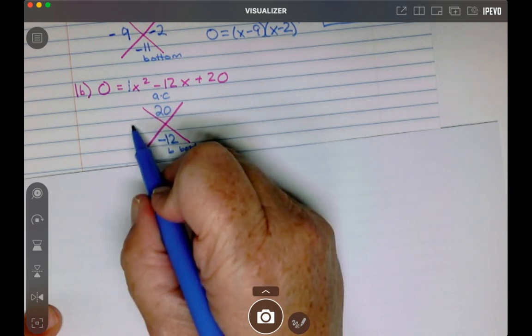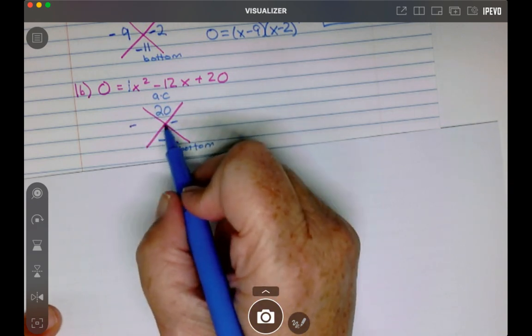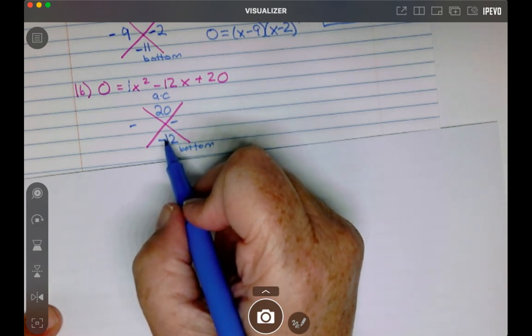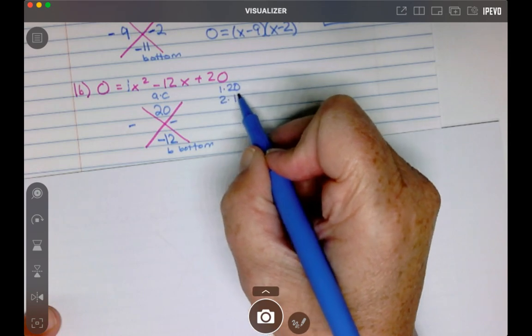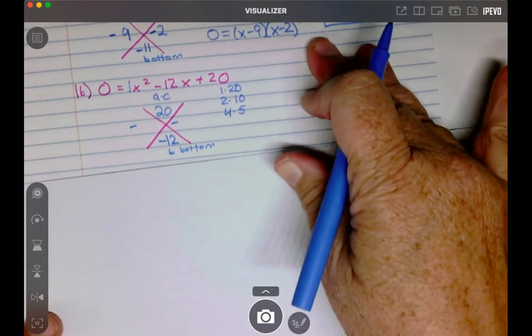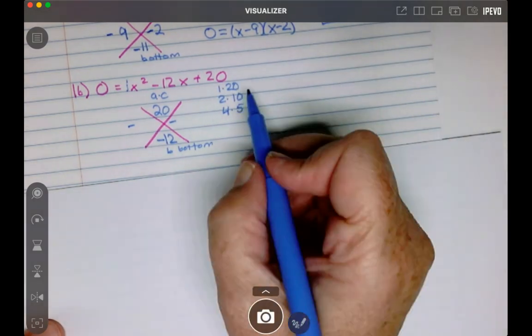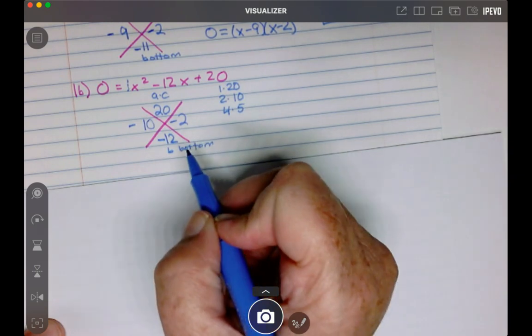Because I have a positive product, I either have to have negative negative or positive positive. It's going to have to be negative negative because b is negative. Well, 20 can be 1 times 20, 2 times 10, or 4 times 5. That's about all you have there. Out of these, the 10 times 2 is what's going to work best.